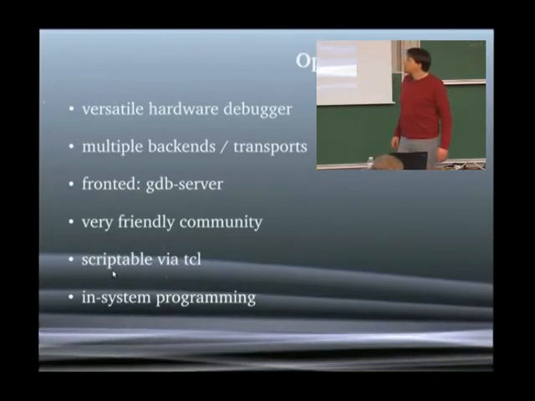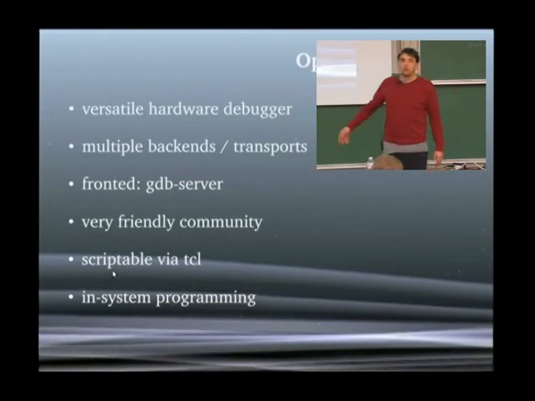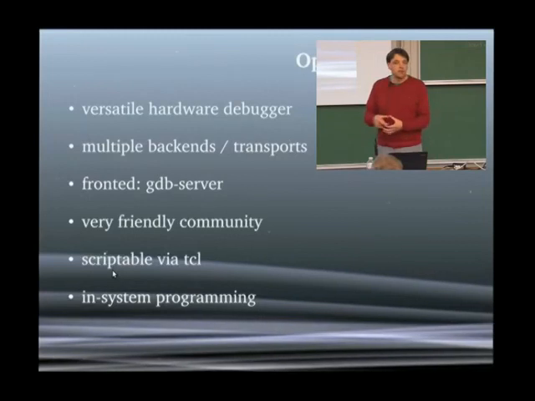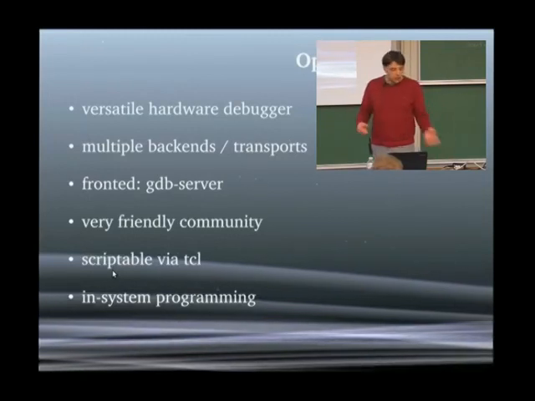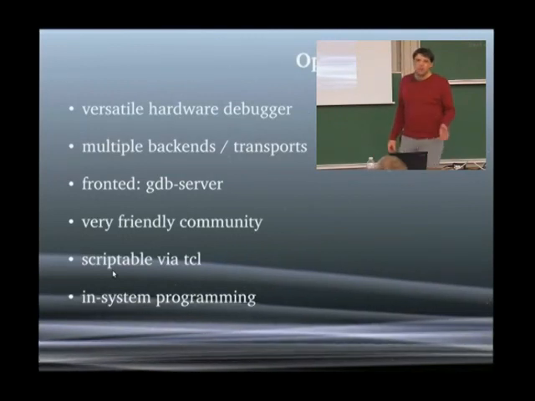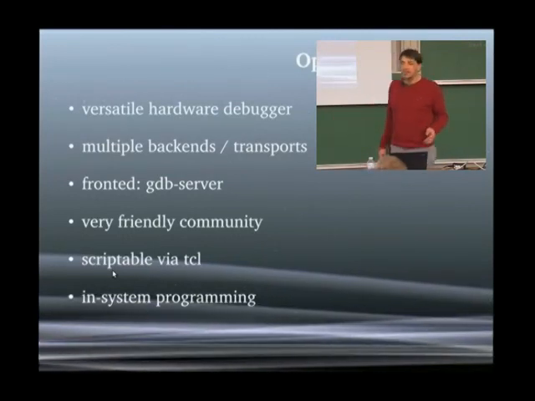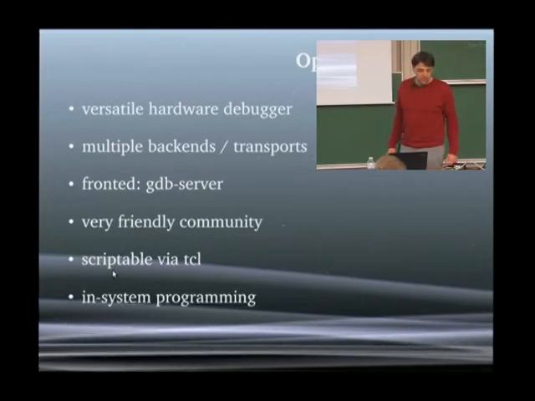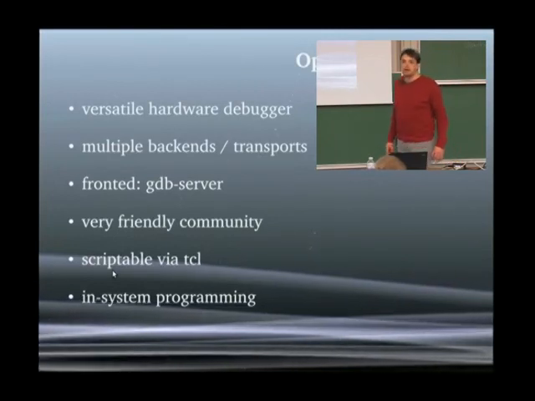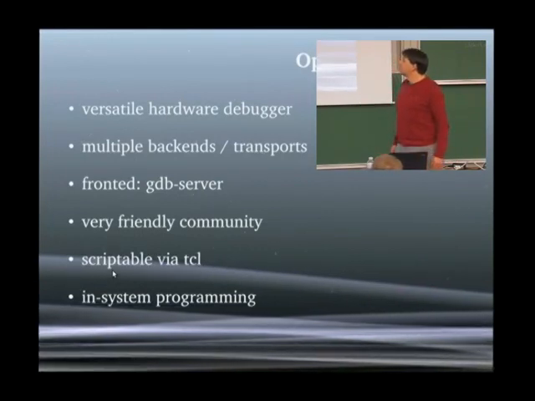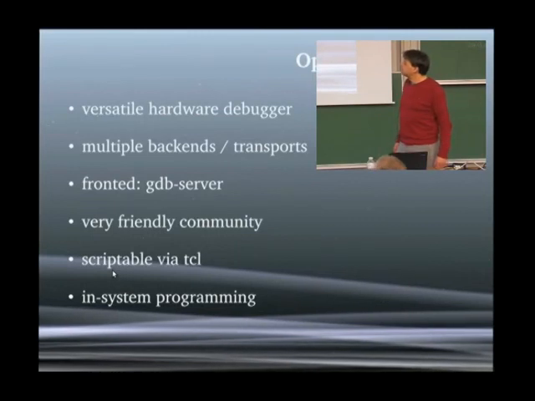If you happen to do some FPGA development, you probably have these Altera Bus Blasters lying around. There are also backends for this OpenOCD hardware. It's pretty slow, by the way, but it works. So if you have some JTAG hardware lying around, chances are pretty high that you can do hardware debugging with OpenOCD.